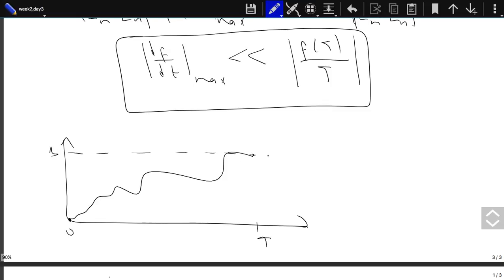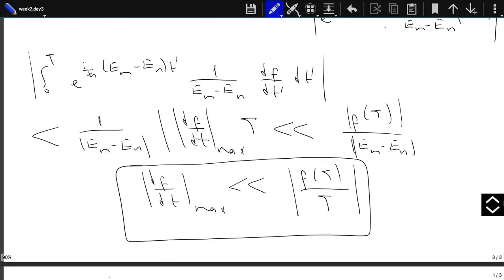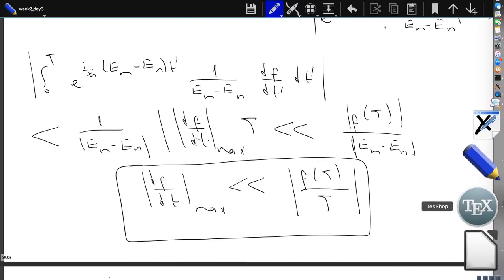Now, f of t over t is this one. The derivative of this one, the tangent, should be much less than the tangent of this straight line everywhere, which is not satisfied. So this is not a good approximation. Now, this condition is sufficient, but not necessarily necessary.